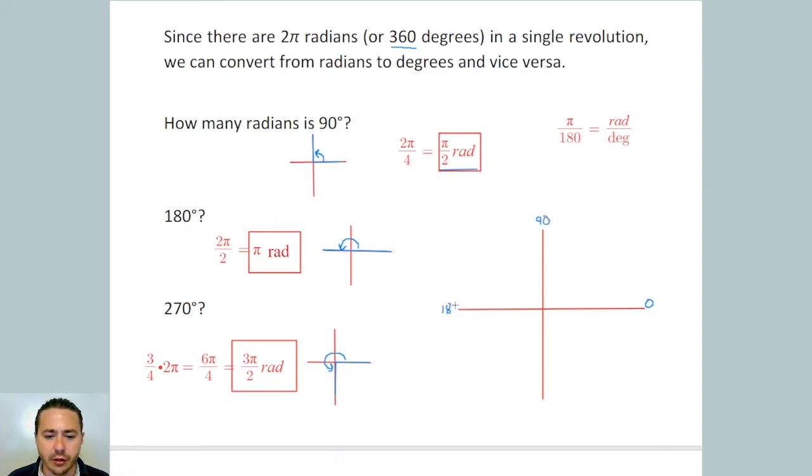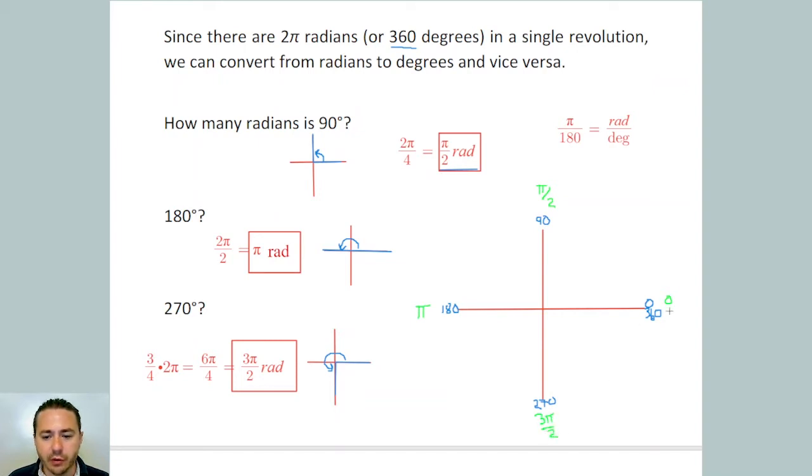And these are all in degrees. 270, and then if we go all the way around, we end up back at 360. And if we do the same thing but in radians, this is still 0. We're still going to start at 0. Up here will be pi over 2 radians. Over here will be pi radians. Down here will be 3 pi over 2 radians.